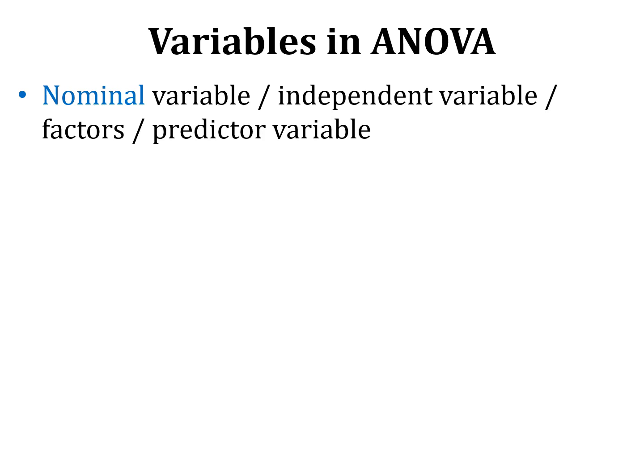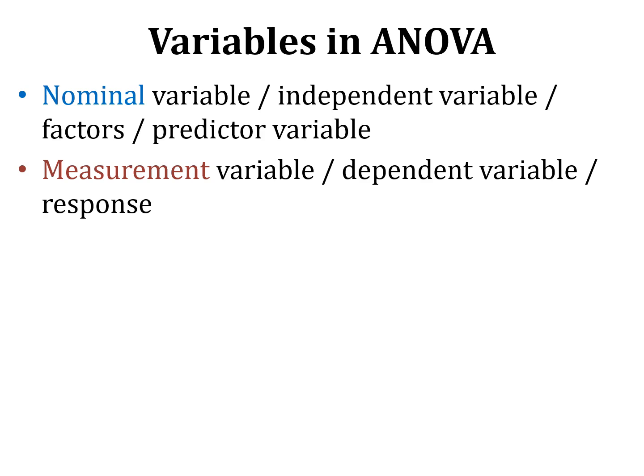The first one is the nominal variable, which is also known as the independent variable, factors, or the predictor variable. So these are the different names for the nominal variable. And then the other type is the measurement variable, also known as the dependent variable or the response variable, right? So we have these two types of variables in ANOVA.